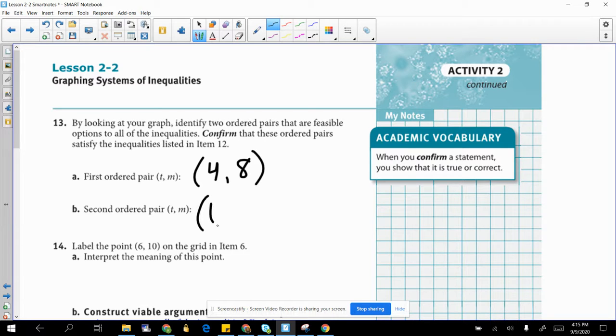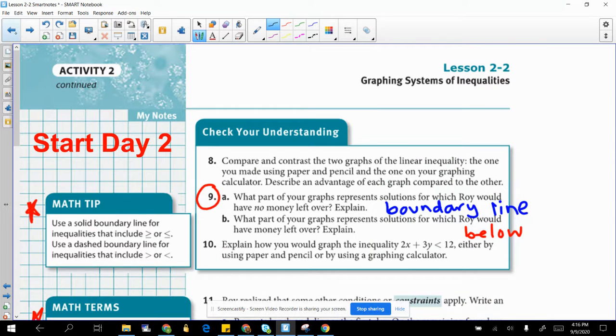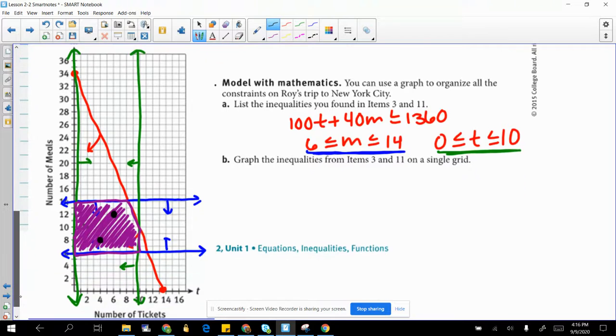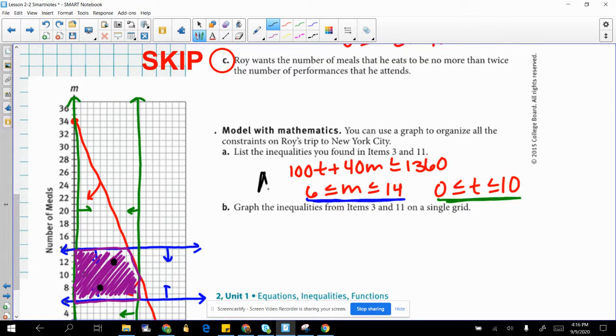And when it says to check, what you could do is plug each of these in, and remember as TM, so plugging, in this case, 4 in for tickets and 8 in for meals. You could plug that into each of the inequalities and just make sure it makes it true. So for example, you would just plug them into all three of these and they should make all three true. Okay, cool.